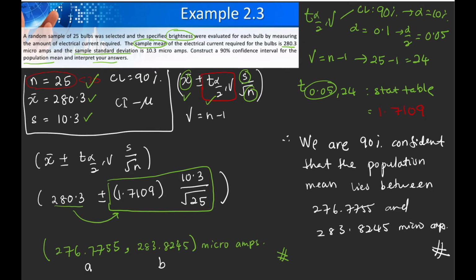That's all. Okay guys, example 2.4 is a little bit different from the previous example. So read the question carefully. A telephone company wants to estimate the mean number of minutes people in a city spend talking long distance with 90% confidence. So the confidence level is 90%.